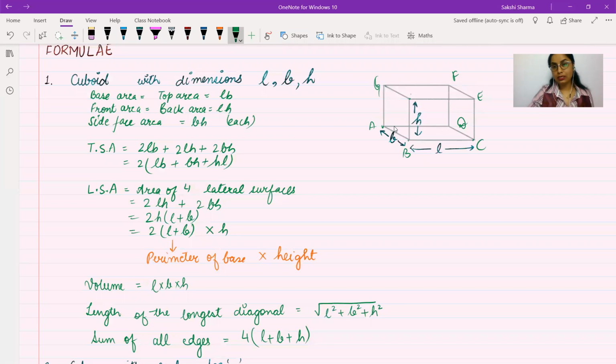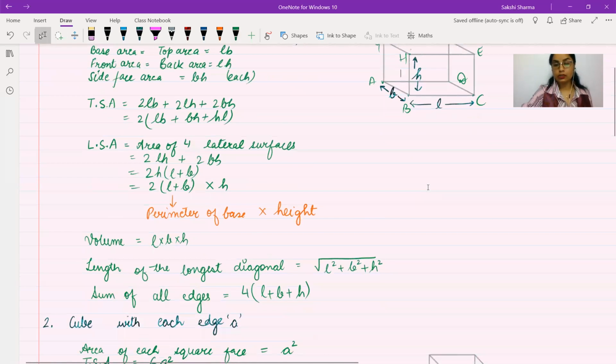So I'll just name these as A, B, C, D, E, F, G, H. 8 vertices are there. आप कोई भी एक corner को दूसरे corner से join कर सकते हो. That will form the diagonal of the cuboid. And the longest diagonal that is possible for this cuboid, its length is given by square root of L square plus B square plus H square. This is the length of the longest diagonal of the cuboid.